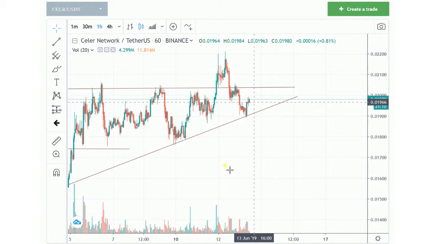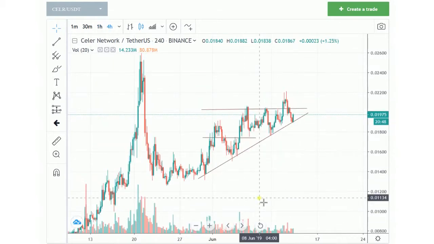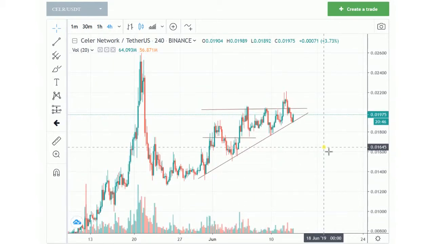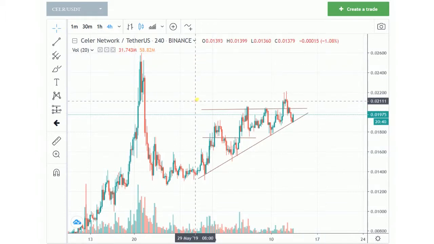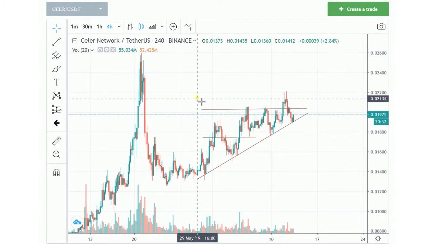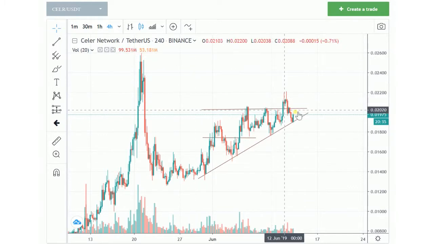Now we just shifted to the 4-hour chart, and we can see we have a much greater resistance area right here. This can indicate that entering a trade here can become risky.